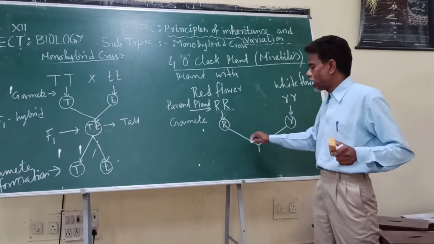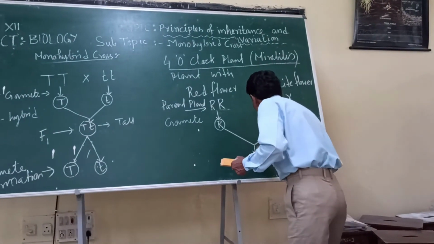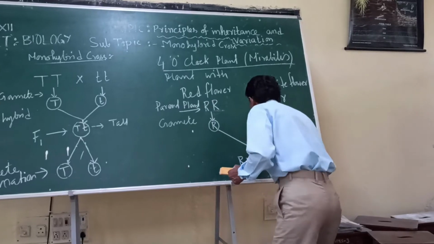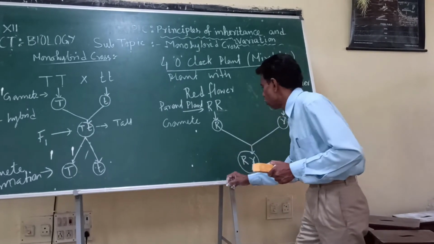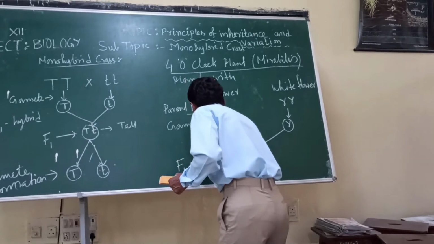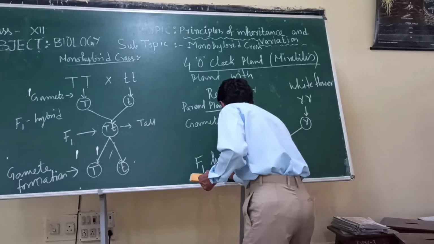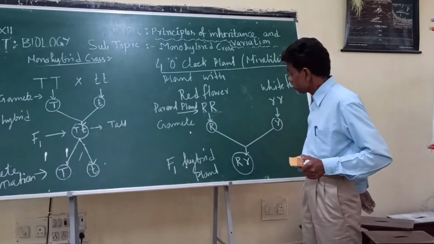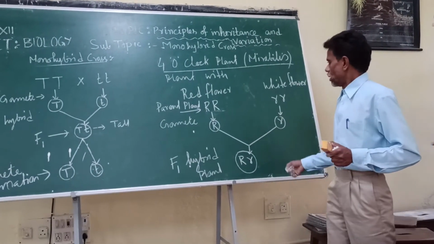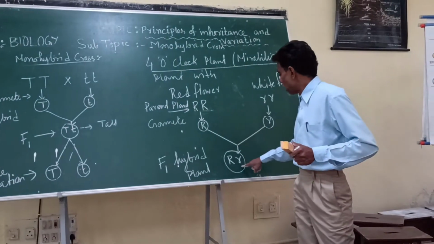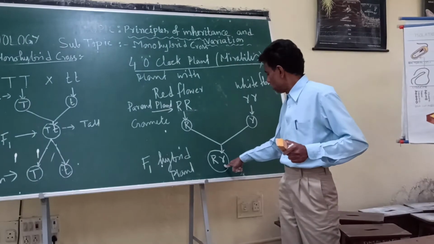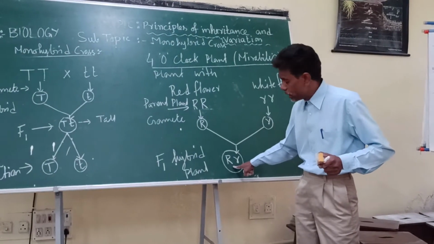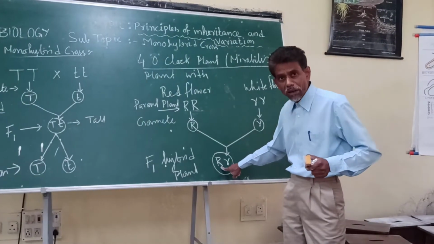Now, when the gametes of capital R and small r were crossbred, the resultant product, capital R, small r, is the F1 hybrid plant, either snapdragon or Mirabilis jalapa. To his surprise, as per the Mendelian concept, all the F1 hybrids should have been red flower containing plants, because capital R is dominant.